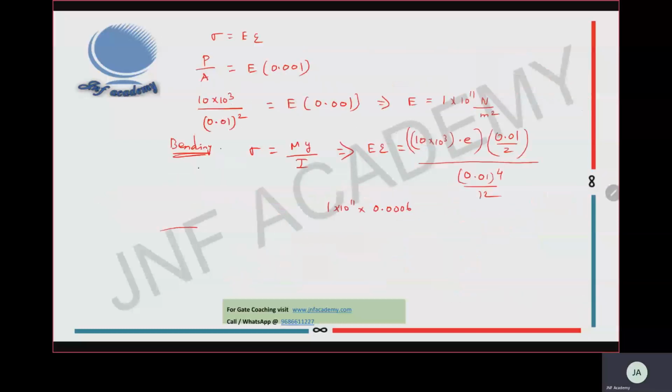Magnitude wise both will be the same. It is equal to 10 into 10 power 3 into E, into 0.01 divided by 2, divided by 0.01 power 4 by 12. Now we'll have to simplify this.